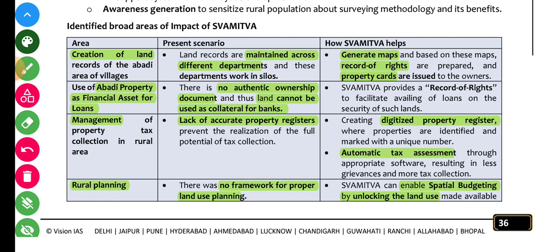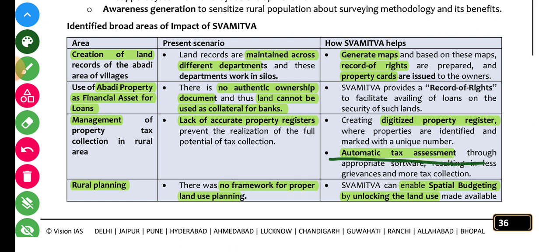Next, what will help the SVAMITVA scheme generate maps, record of rights, property cards issued. The record of rights is very important in these features. Creating a digitized property register where properties are identified and marked with a unique number.